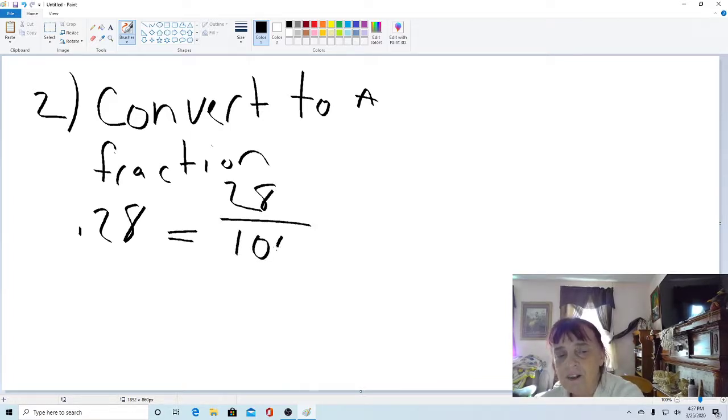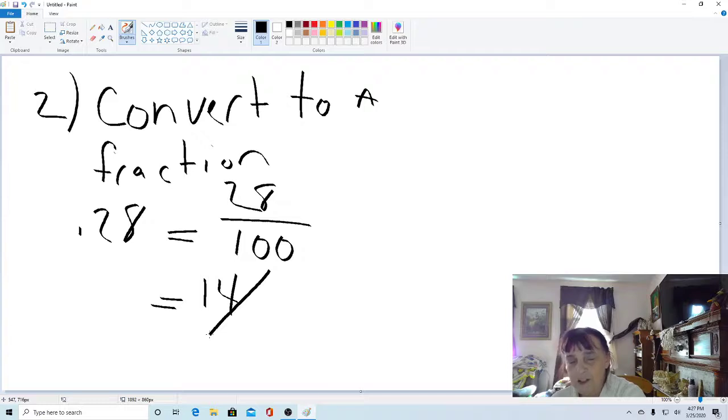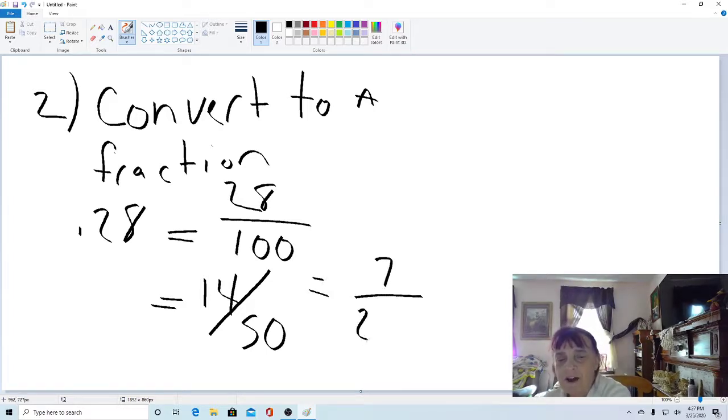Okay, that's knowledge of place value. And you divide the numerator by 2. Okay, you get 14. 100 divided by 2 is 50. And 14 divided by 2 is 7. 50 divided by 2 is 25. So 0.28 is 7/25.